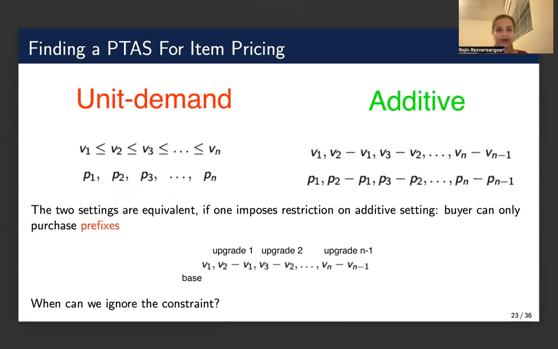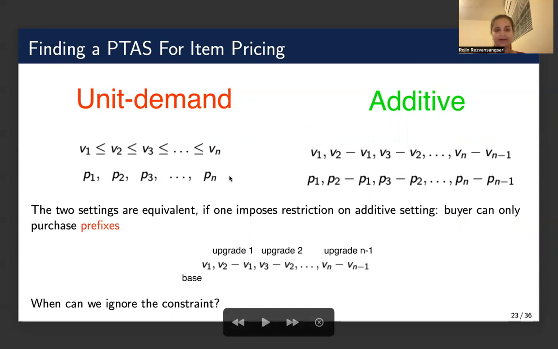So here we want to find item pricing for a totally ordered setting. Well, note that our valuation function is unit demand, and finding item pricing for a unit demand buyer is not easy because changing the price of an item is going to affect the incentives and price of the other items. However, doing that in an additive setting is easy because we can treat items individually and reduce the dimension of the problem.